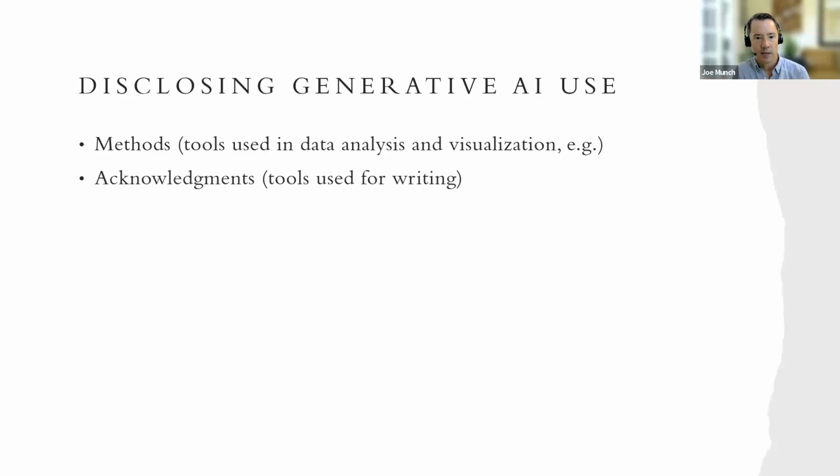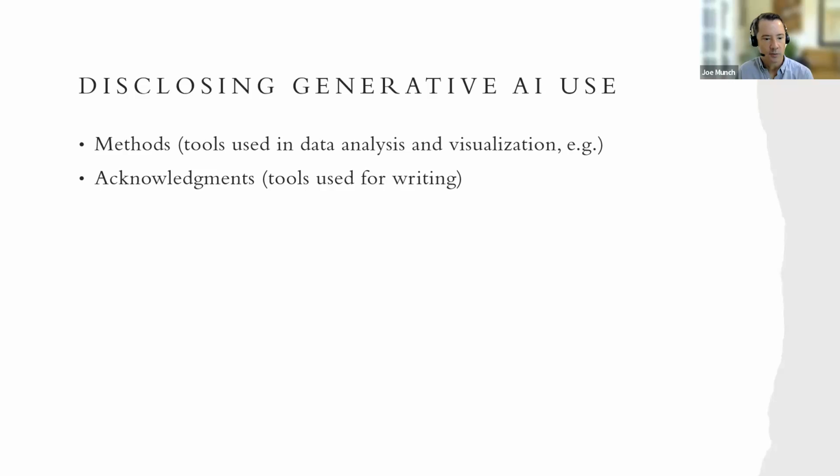And there's a small proviso here, and that is that there is also this emerging idea that no, actually, because acknowledgments is a place where you acknowledge actual people, generative AI programs cannot be acknowledged there either. So you really need to visit those journal instructions to figure out where it should be disclosed.